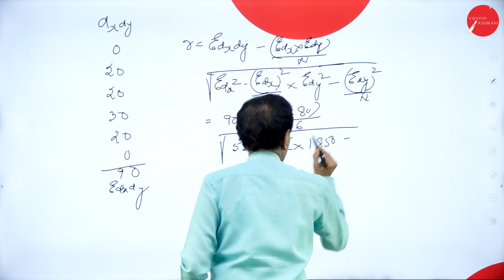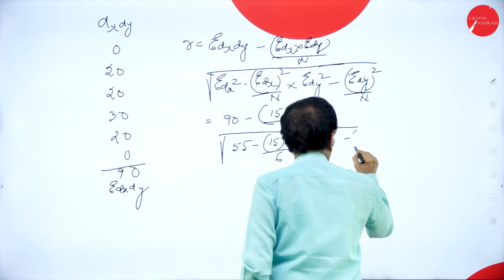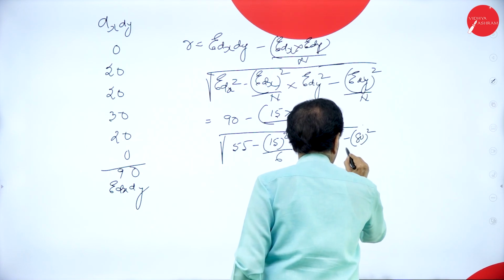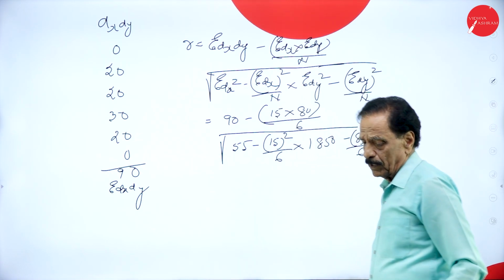What is sigma dy? 80 whole square divided by 6.